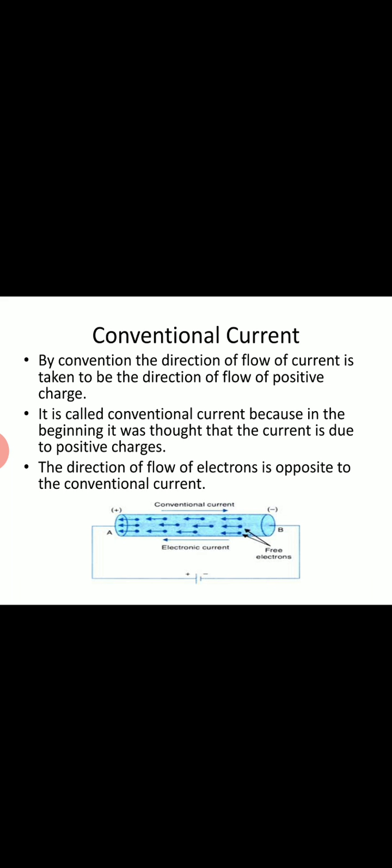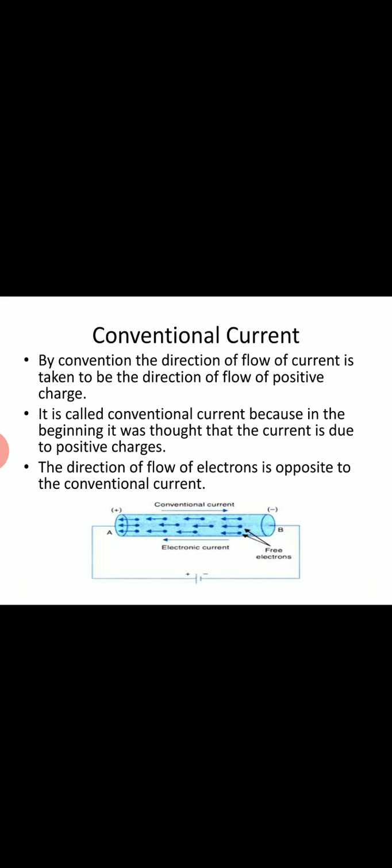Now, as we have already read, current is a scalar quantity, and I have to explain why it is a scalar quantity. We can explain it through the conventional current. What is conventional current? By convention, the direction of flow of current is taken to be the direction of flow of positive charges. In the beginning, it was thought that the current is due to positive charges.